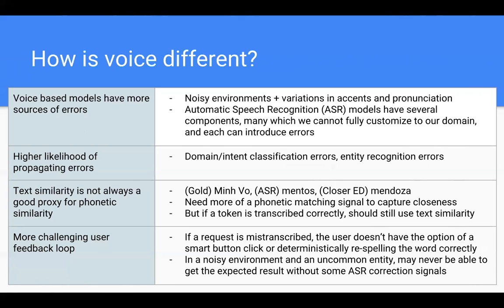However, if the token is transcribed correctly, if Minh was transcribed correctly to Minh in the ASR, then you want to use text similarity. So it has to be a balance between phonetic similarity and text similarity for voice-based input. And finally, there's a lot more challenging feedback loops in voice versus text. Because in text, if you get something wrong or a character wrong, you can always correct it by typing it again.